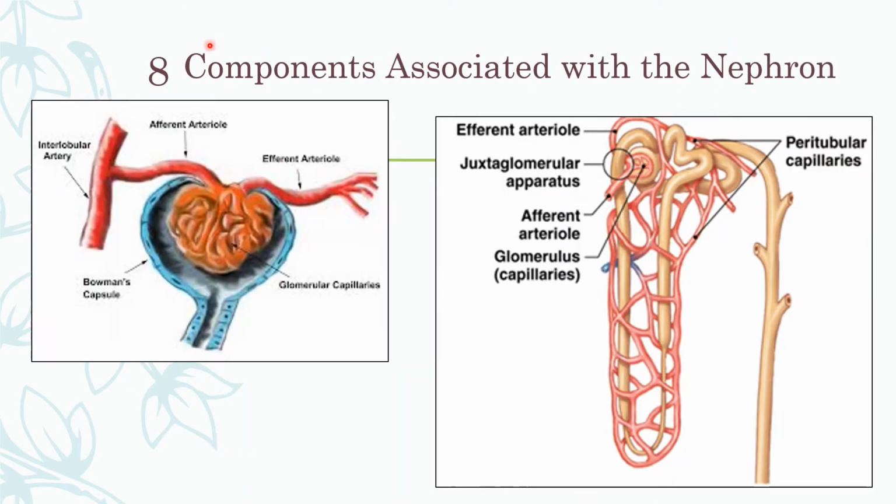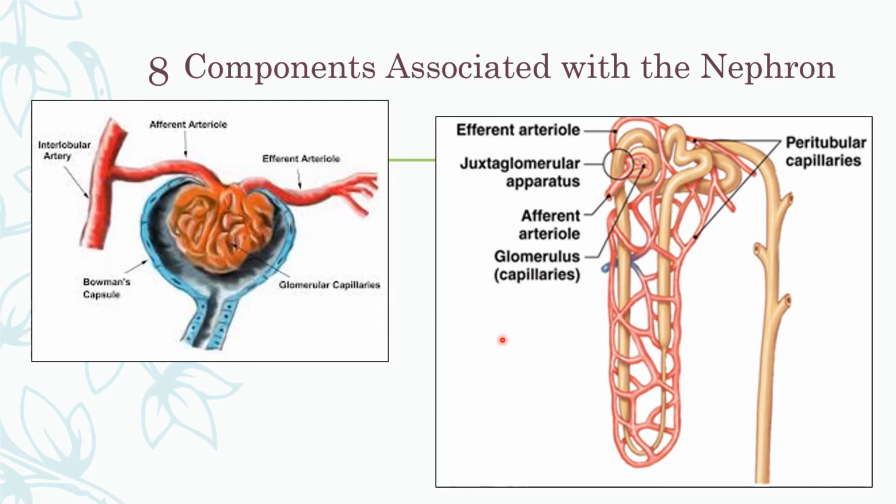Okay, so again, when we think about the nephron versus the components associated with such, it's important to keep in mind that the job of the nephron is to filter the blood, so we can understand why there's a bunch of different blood vessels hanging out around each individual nephron.